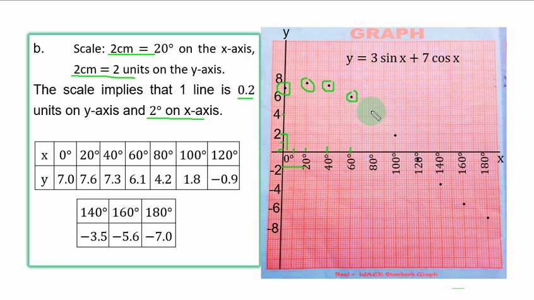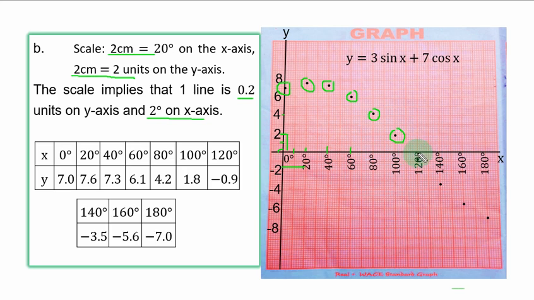When s is 100 degrees, y is 1.8. When s is 120 degrees, y is minus 0.9. That is between minus 0.8 and minus 1.